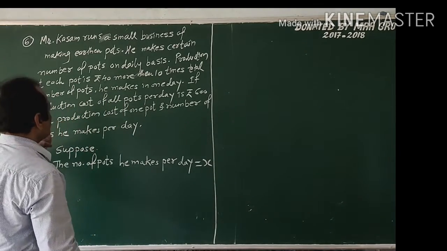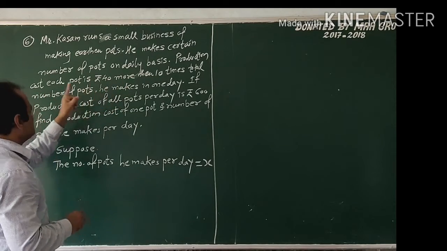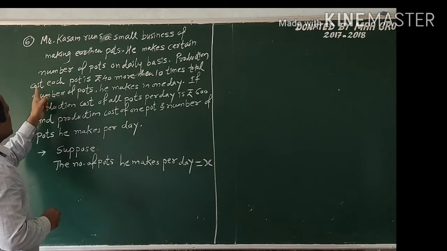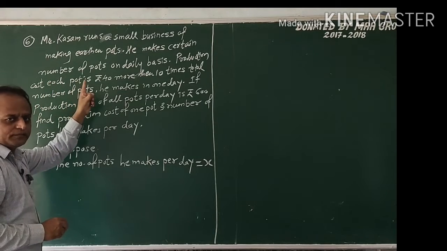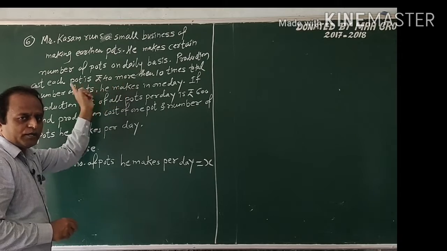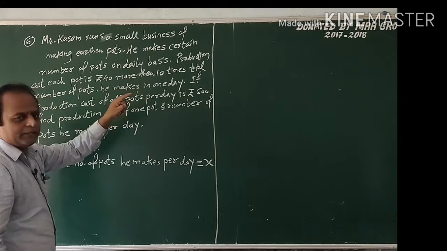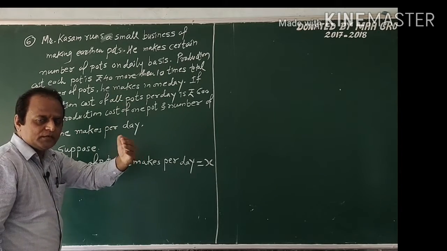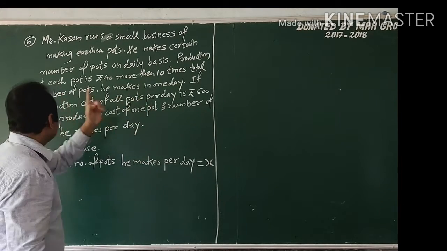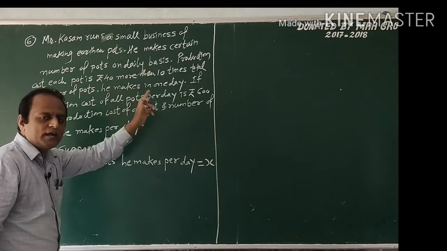Now let's see what the production cost is. Here it is given that the production cost of each pot is 40 rupees more. 40 rupees more means plus, then 10 times means multiplied by 10, the total number of pots he makes in one day.